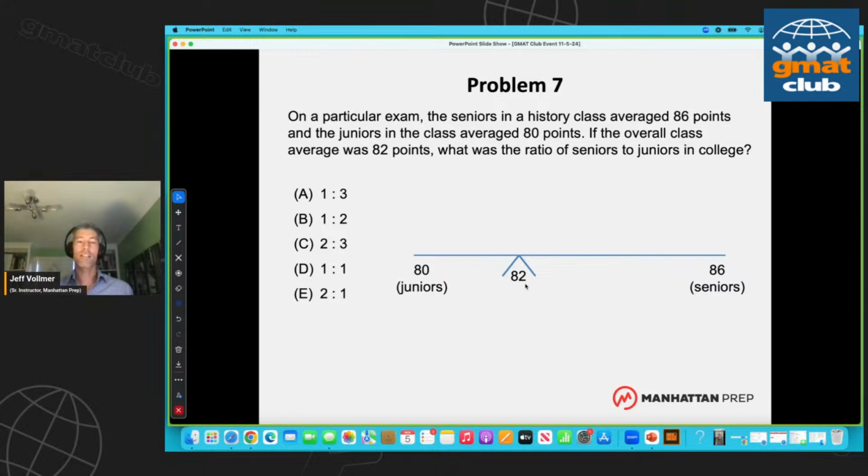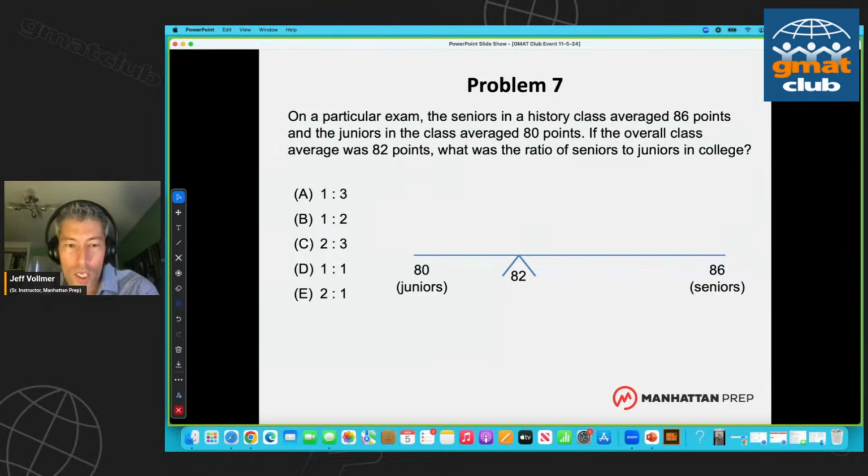And this is why you can think of these as mixture problems, right? The 82 average is a mix of 80s and 86s. Or the 148 bowling average that our bowler just had on the previous problem is a mix of a bunch of 160s and a 100, right? I know it's not actually a physical mixture, but it's essentially the same concept.